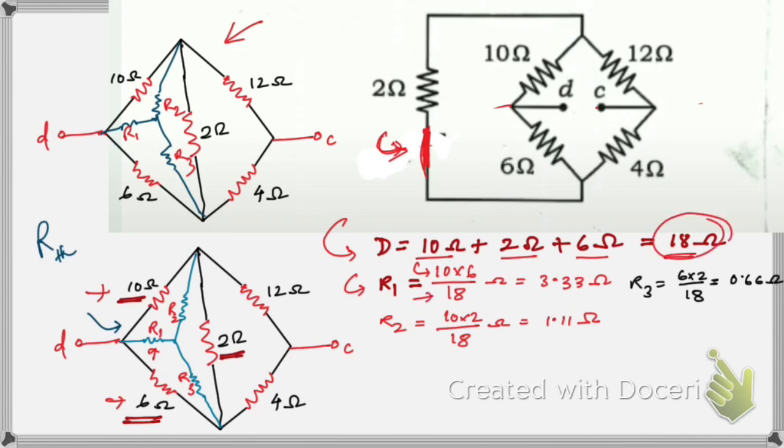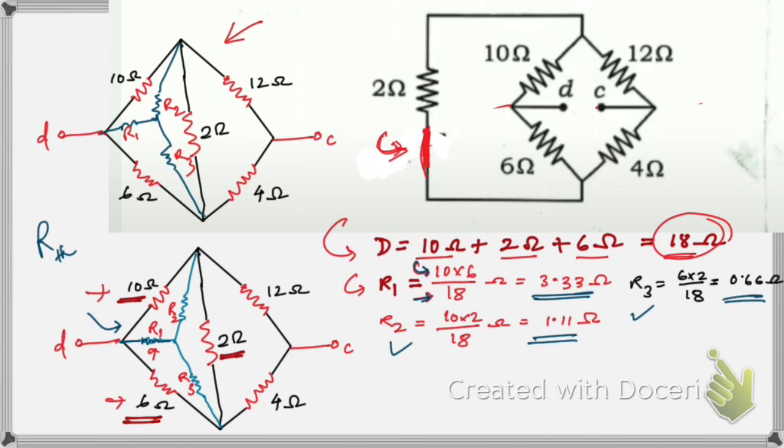Calculating this, we have got 3.33. Why did I take 10 and 6 here? Because this R1 resistance is between the 10 and 6 ohm resistances. Hope you have understood this. Similarly we can find R3 and R2 as well. So these are the three resistances.